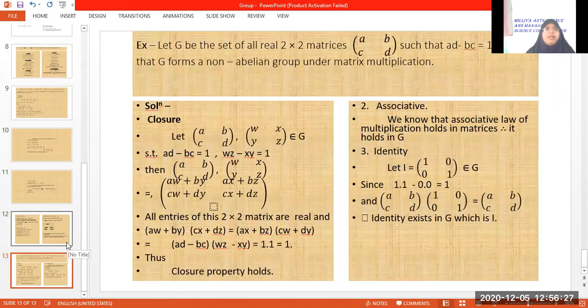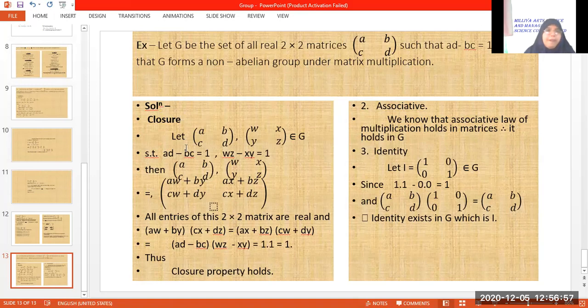Similar example: let G be the set of all real 2 by 2 matrices A, B, C, D such that AD minus BC is equal to 1. In the first example, we were given that AD minus BC is not equal to 0. But in this example, given that AD minus BC is equal to 1, means not equal to 0. Prove that G forms a non-abelian group under matrix multiplication.